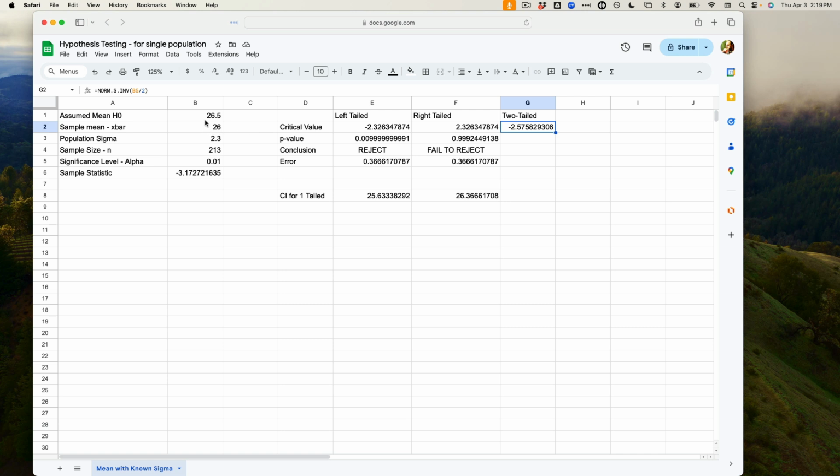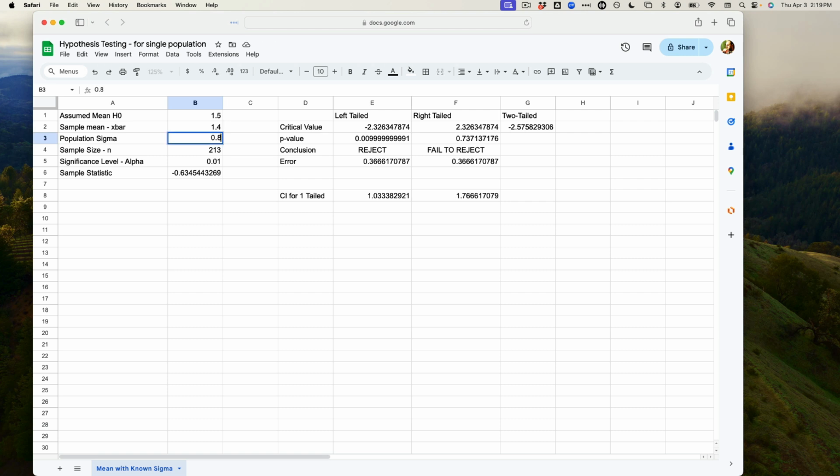Okay? So let's punch in the numbers for this example that we just did. Let me see. Hypothesis test. All right. So our null hypothesis was 1.5 children per woman. Our x bar was 1.4 children per woman. The population sigma was 0.8 child.